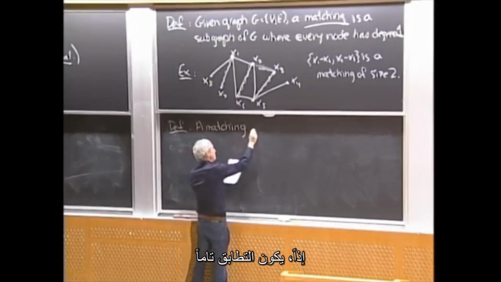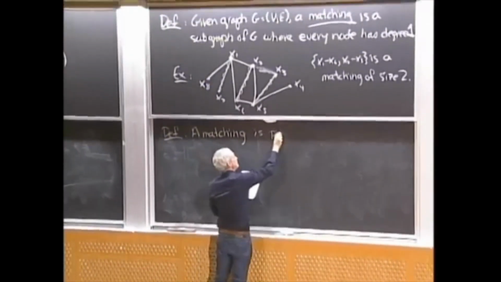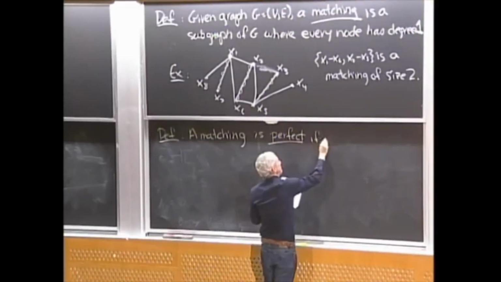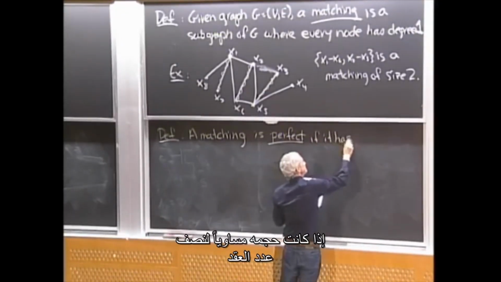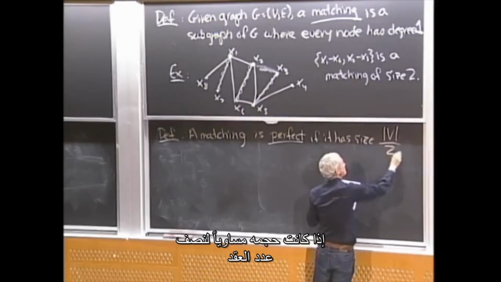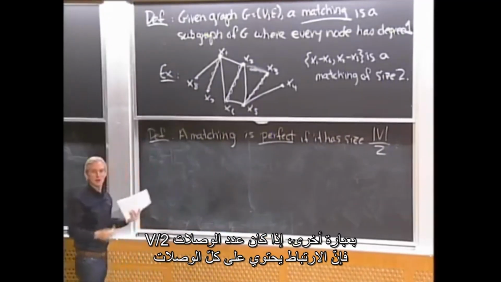So a matching is perfect if it has size half the number of nodes. In other words, if the number of edges is V over 2, then every node is in the matching.